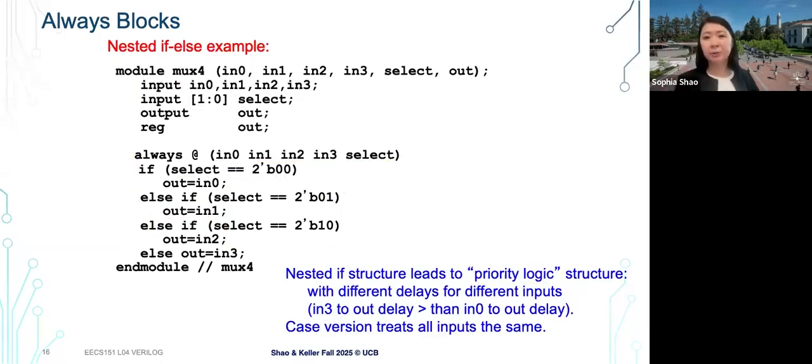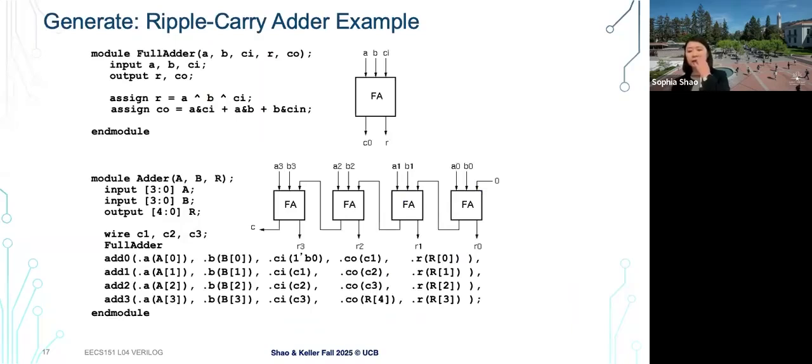Okay, so so far we have been talking about sequential logic and combinational logic. Another term you have been playing with is the generate statement, which is also very useful to have a more parameterized design. So here is the adder example we mentioned earlier. We have this kind of repeated declaration here.